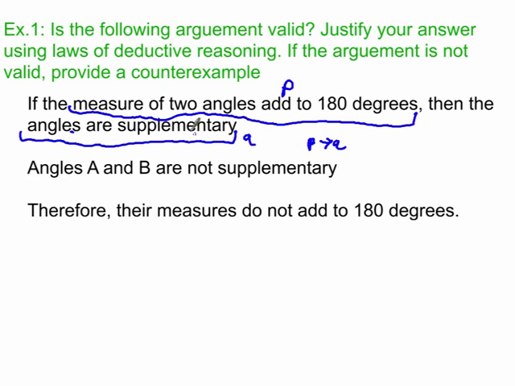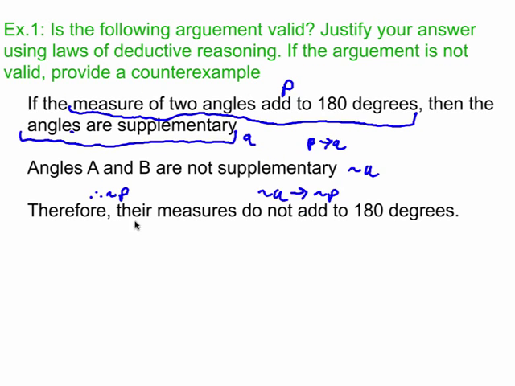My next statement, A and B are not supplementary, that's not Q. And then down here, therefore, their measures are not 180, that's not P. So I'm saying P implies Q, not Q, therefore not P. Well, we're saying not Q implies not P. That's just the contrapositive of my original statement.